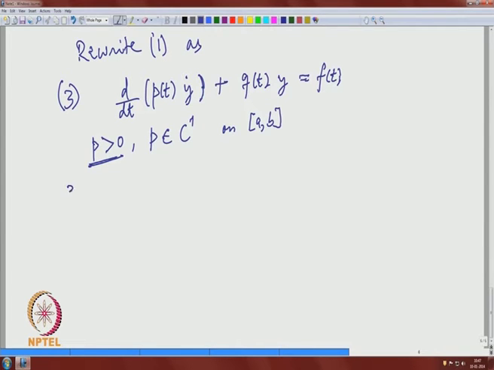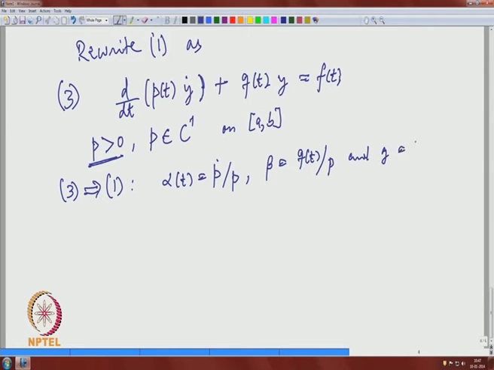If you expand this by differentiating this product, you see that alpha is p dot by p and beta is q(t) by p and g is f by p.